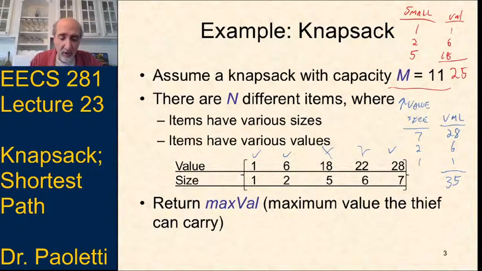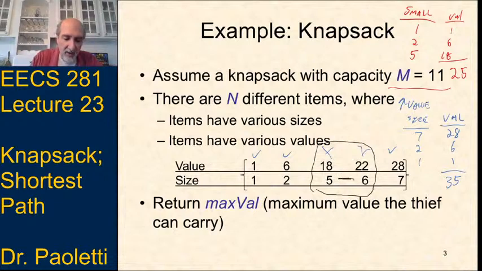So I've improved. My first approach, smallest first, got me a solution. My largest value approach got me a better value solution. Is there a different solution that gives us a higher value? How about the two that we just didn't pick that time? Those two fill up the capacity exactly.